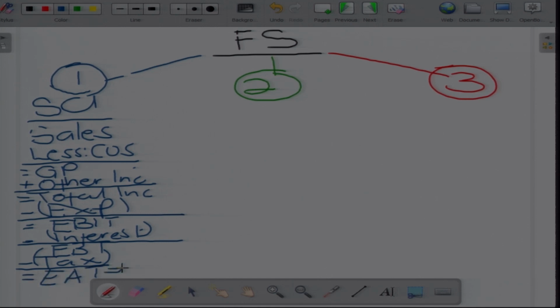Now this earnings after tax is actually either your profit or your loss.